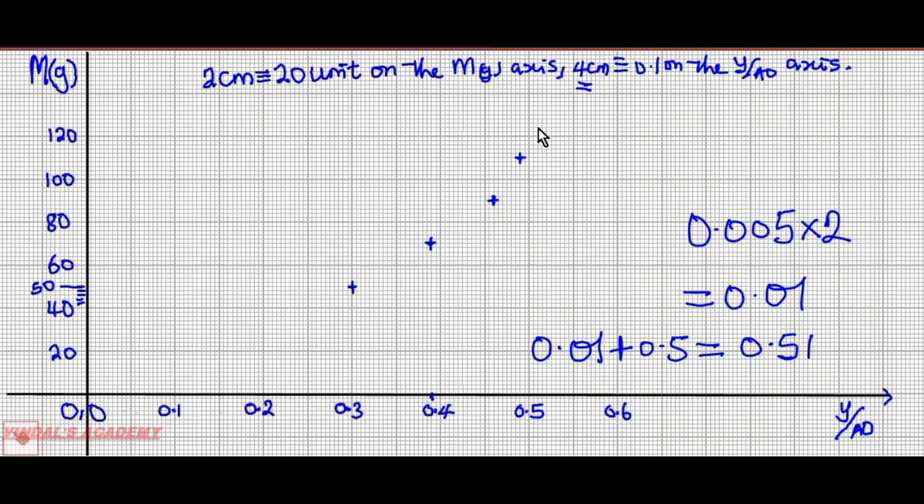under 130. Should be under 130. So let me locate it very well. Okay, under 130. Thank you. I think I am done with the plotting.